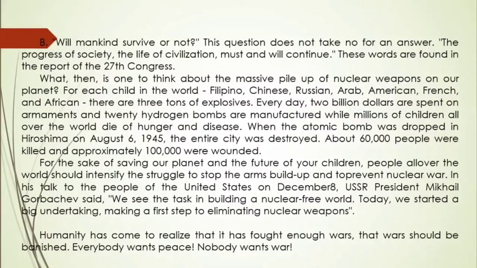In his talk to the people of the United States on December 8, USSR President Mikhail Gorbachev said, "We see the task in building a nuclear-free world. Today, we started a big undertaking, making a first step to eliminating nuclear weapons. Humanity has come to realize that it has fought enough wars, that war should be punished. Everybody wants peace. Nobody wants war."